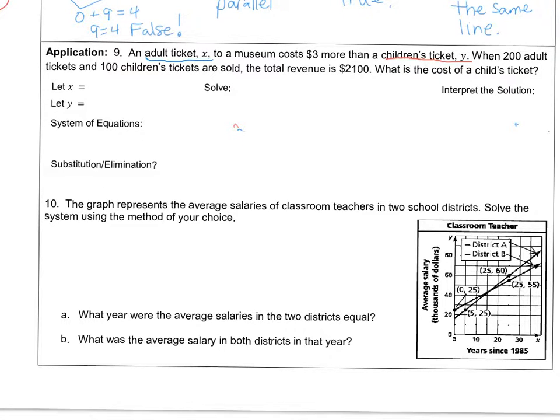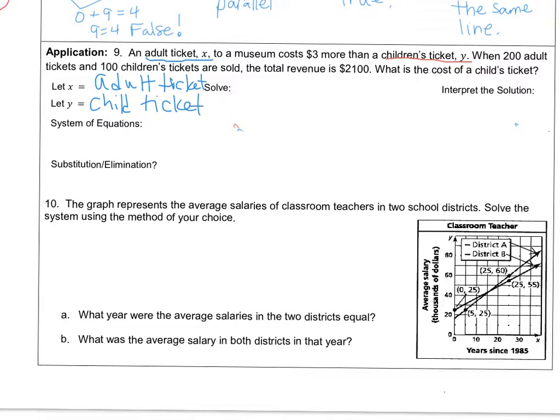Okay, so they were kind enough to go ahead and tell us what x is going to equal and what y is going to equal. So x is our adult ticket, and y is going to be our children's ticket. So what we have to do is come up with the two equations given to us in the situation.